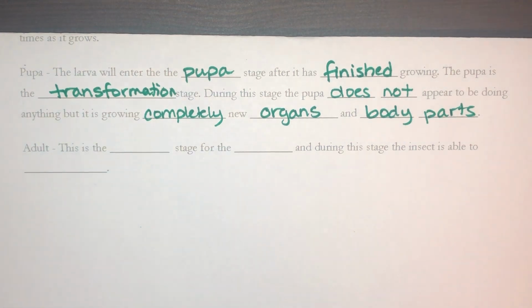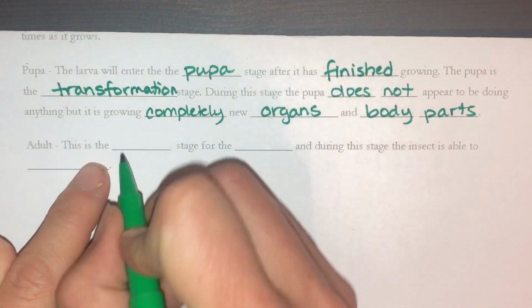And then the body does this really cool thing where it basically deconstructs itself and then completely regrows inside of that structure. And so while we can't see much going on inside of there, we do know that there's a complete reorganization taking place. Now, once the pupa emerges from the chrysalis or the cocoon, it will be an adult.